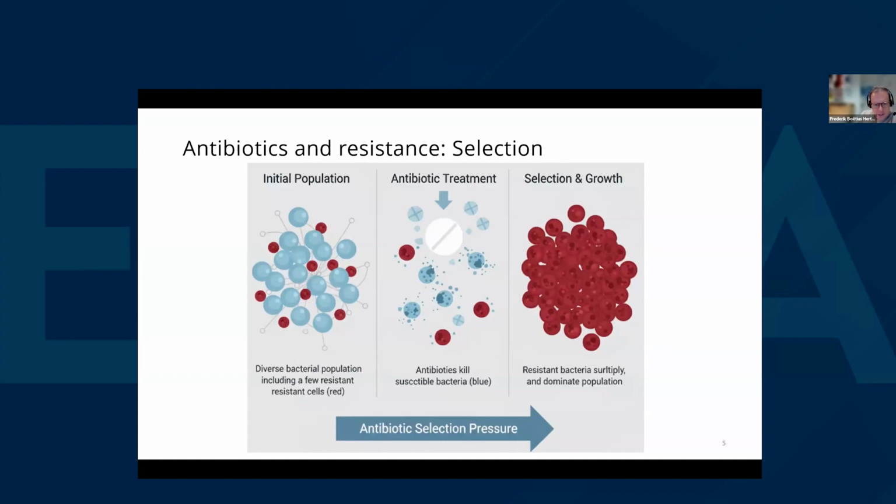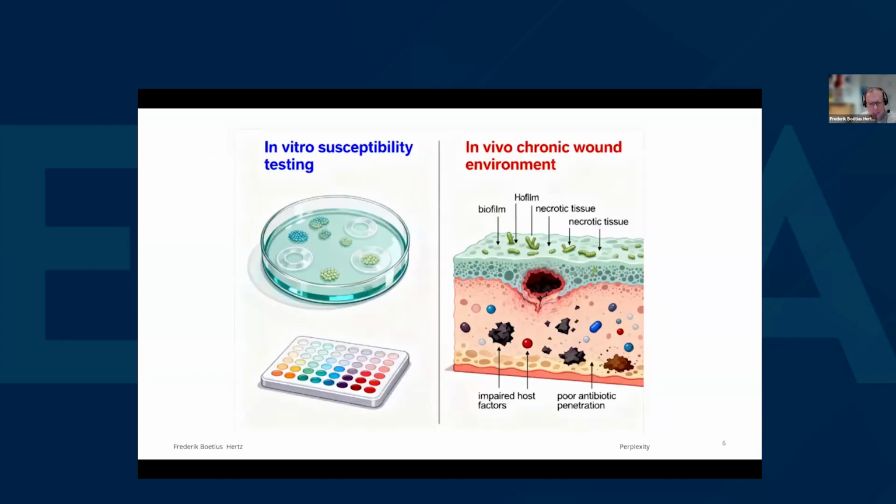And that, of course, also leads us to very much what Thomas says, that we understand the way antibiotics behave in vitro is very different from the way the bacteria act in vivo. And when we use our in vitro susceptibility testing, of course, the growth conditions are perfect for the bacteria. They have all the nutrition that they need, and we can see how antibiotics either inhibit or kill the strains that we're looking at.